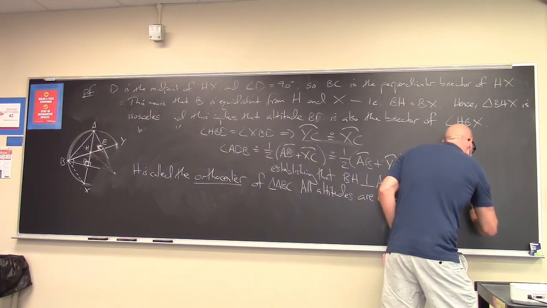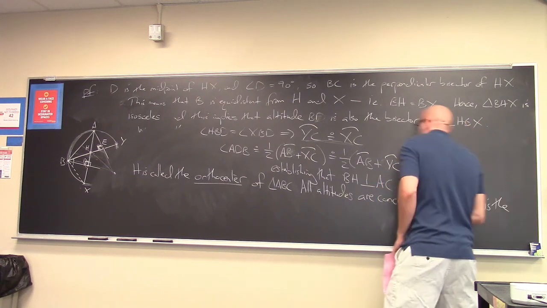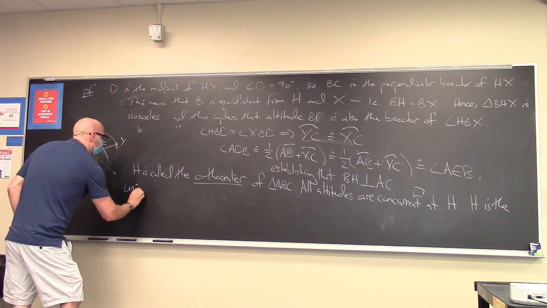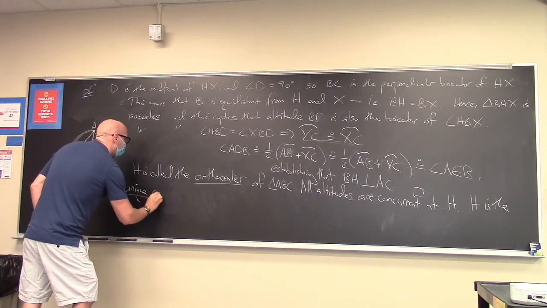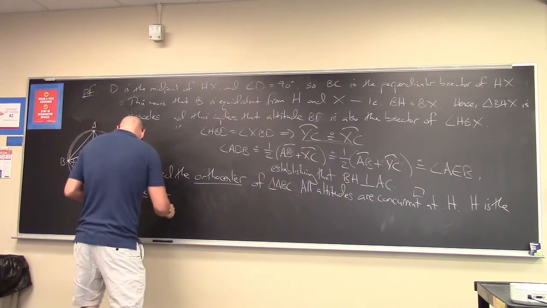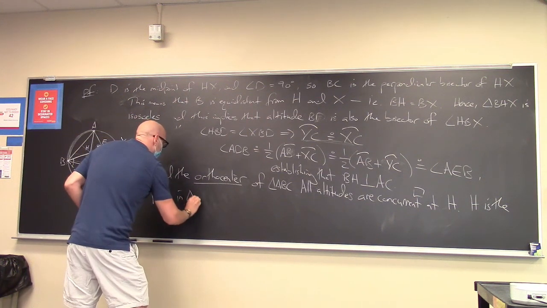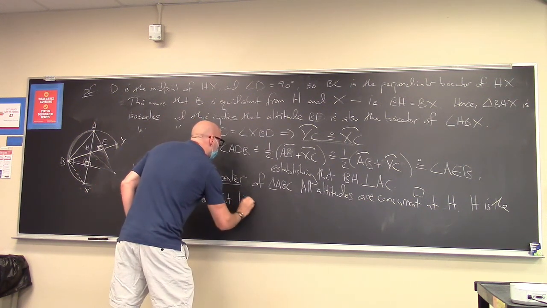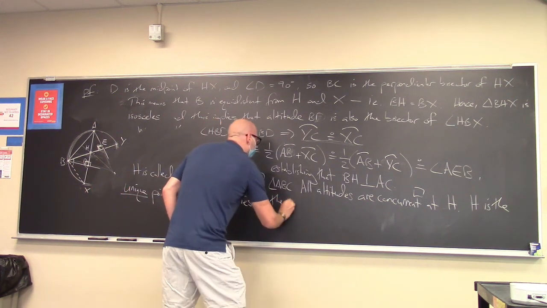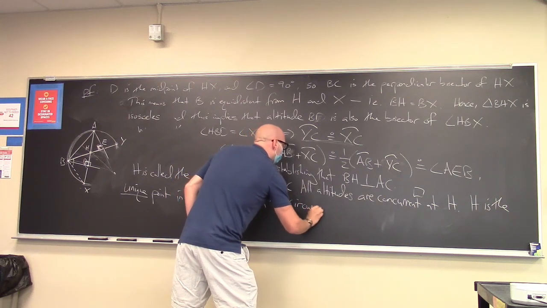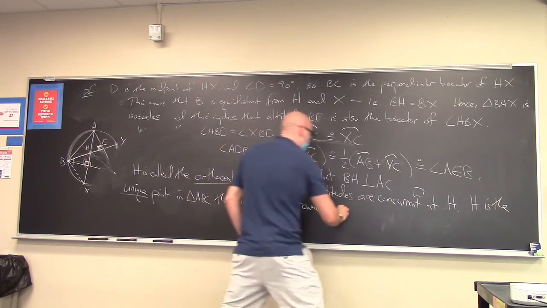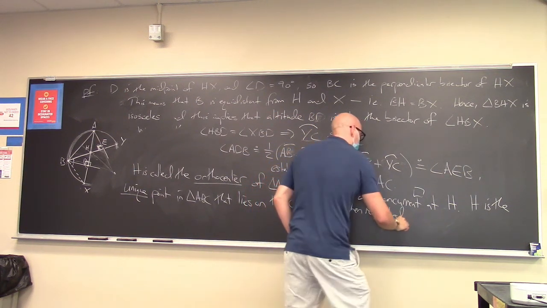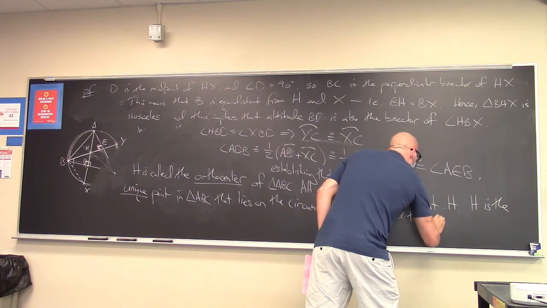I'll tell you another fact about it: it's the unique point in triangle ABC that lies on the circumcircle when reflected through any side.